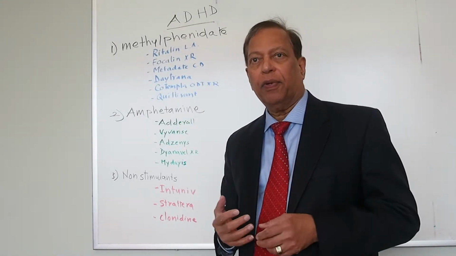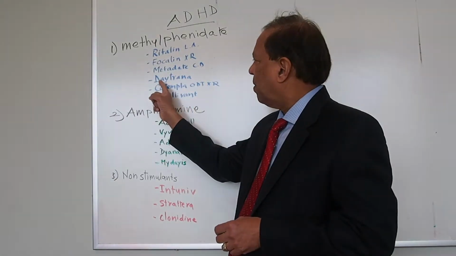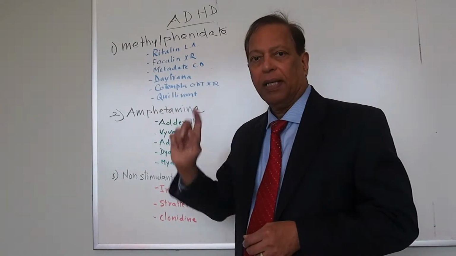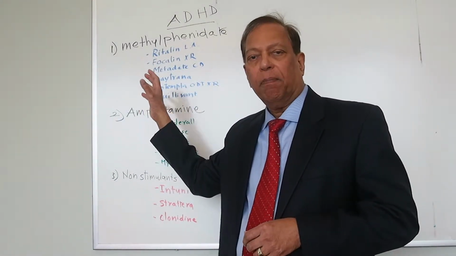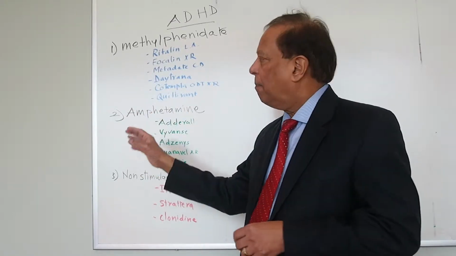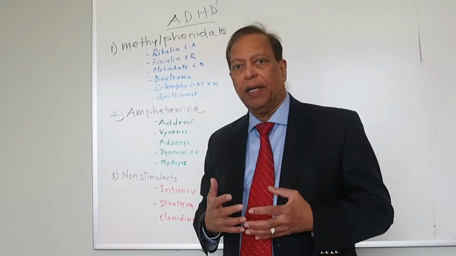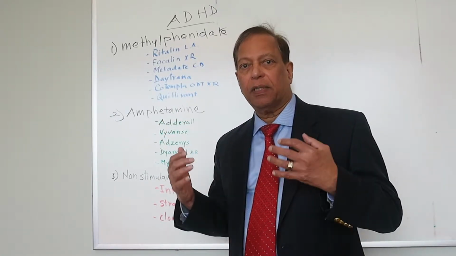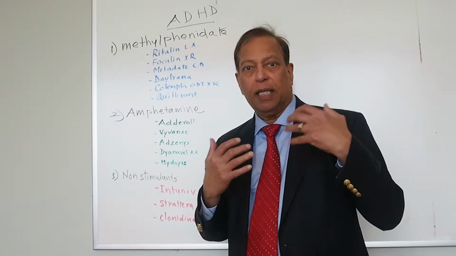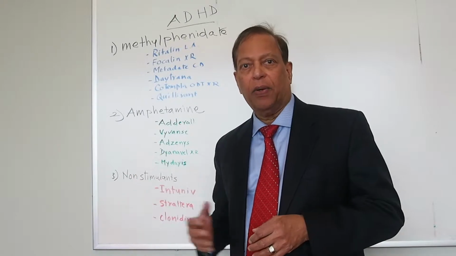I'm sure many of you know the names Focalin or Metadate or Daytrana or Concerta and various things. In other words, there are many products available. The majority of these products are now generic, so these names are sort of historic in 2018, whereas they were classic names at one time. We'll see what they are as we go down.